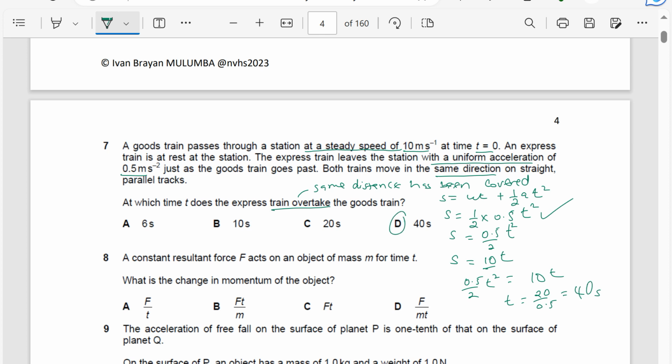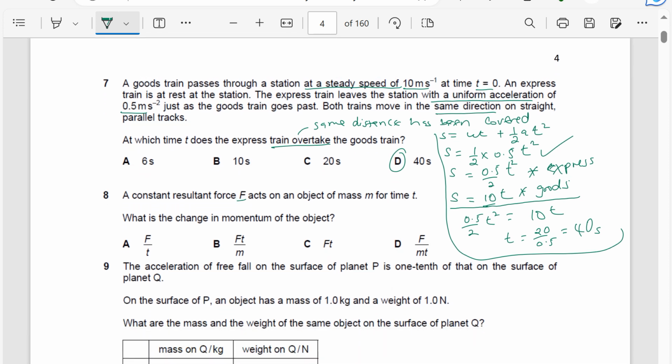So the answer is going to be D. This is the express train, and this one is the goods. For the goods, I just say speed times time because the speed is constant. For the express train, I use the equations of motion because it was moving with uniform acceleration. So the answer is D.